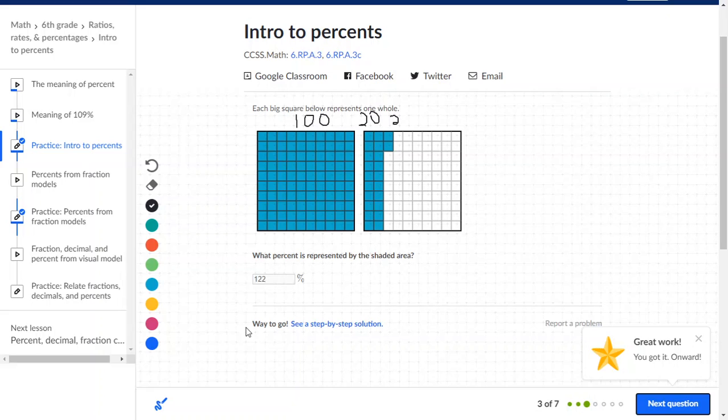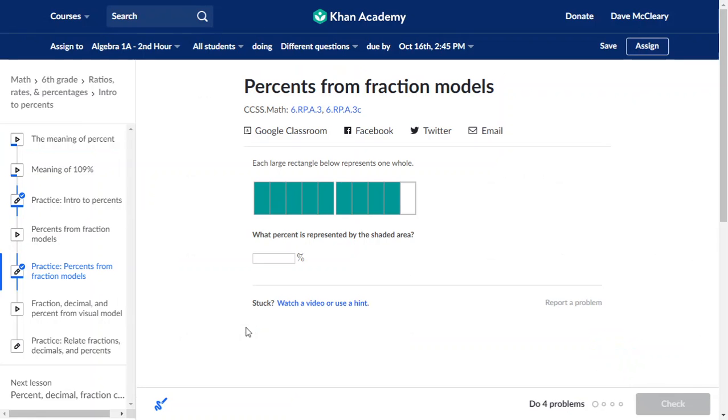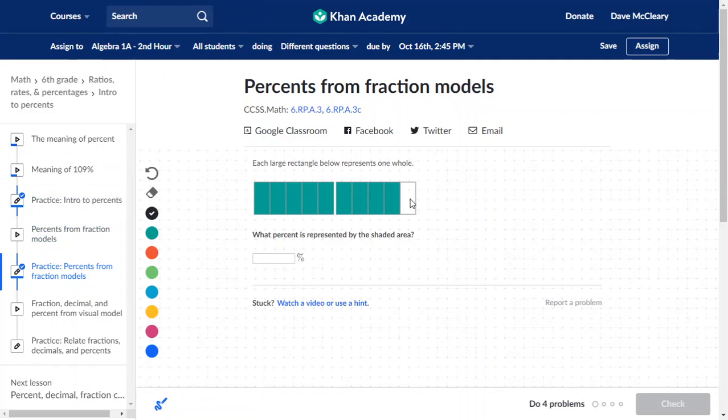Okay, good job. Now let's look at some where maybe we don't have a denominator of 100 already, and we need to figure out how to get one. So first off, we've got these 2 rectangles. Each rectangle below represents 1 whole. So I know right off the bat here that I do have 100% already because this left rectangle is 100%.